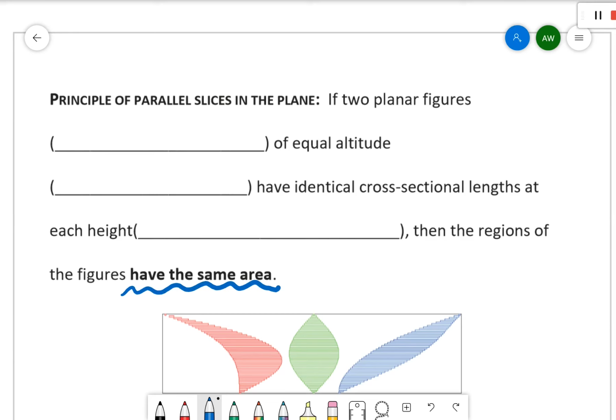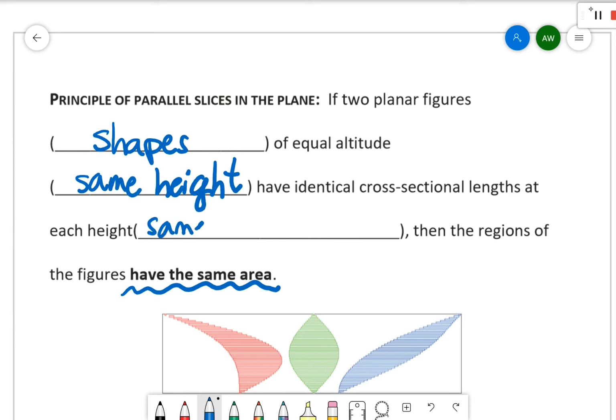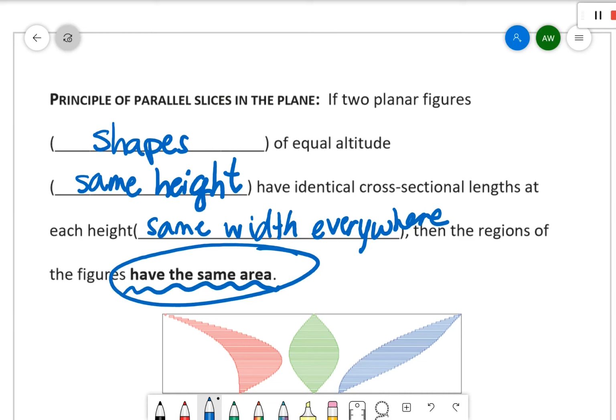So if 2 planar figures, which are just shapes, of equal altitude, so they have the same height, have identical cross-sectional lengths at each height, so they are the same width everywhere, then the regions have the same area.